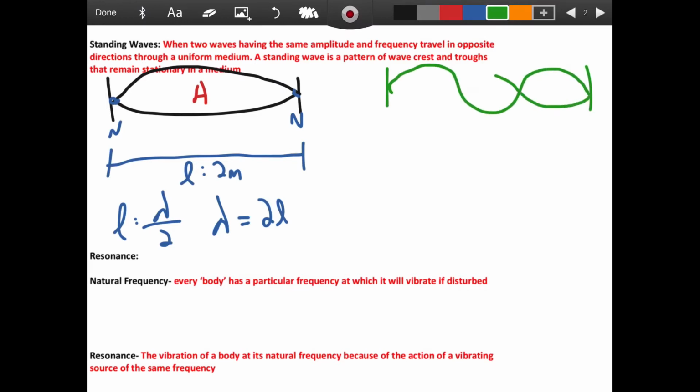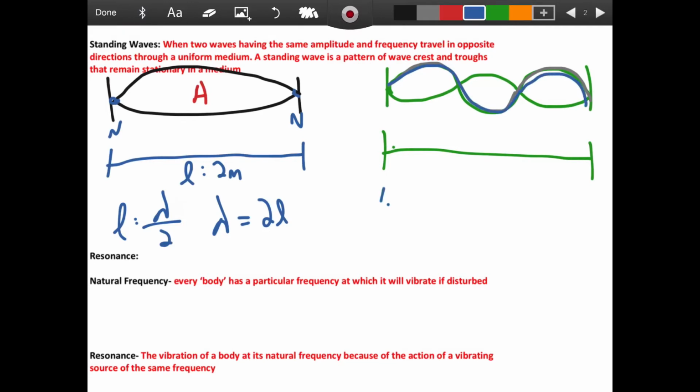Okay. So another example. It's not perfectly drawn, but just bear with me. So again, if this were L, we have one full wave here, or we can think of it as 1.5 waves. That's one full wave, and then we have another half.